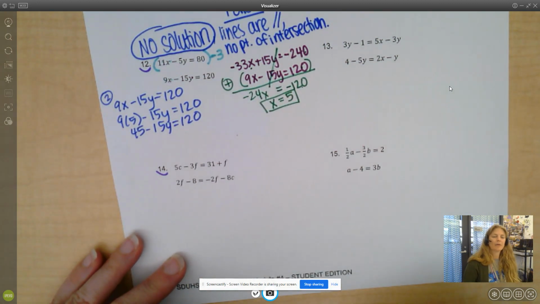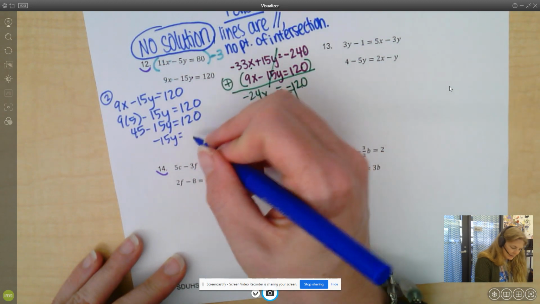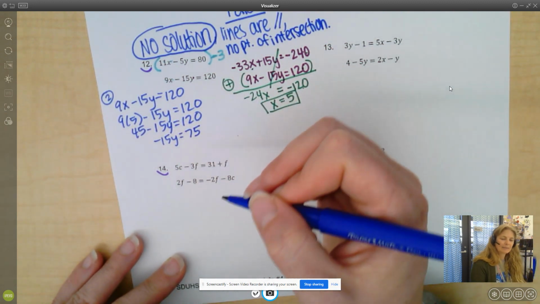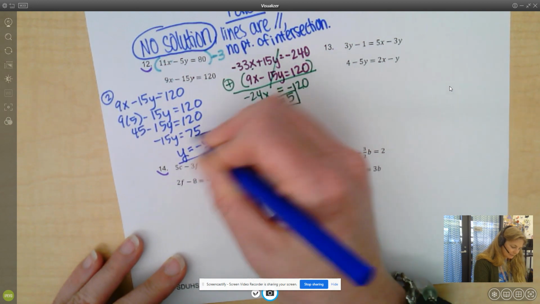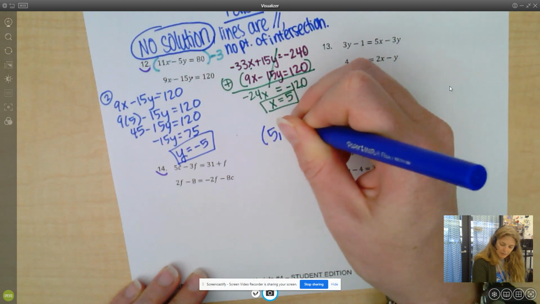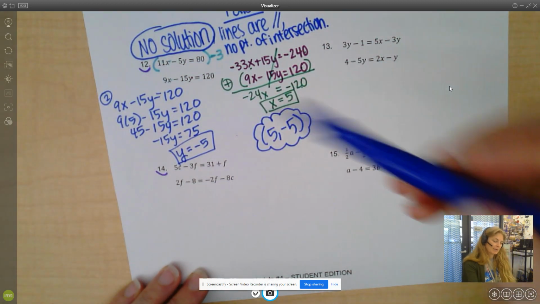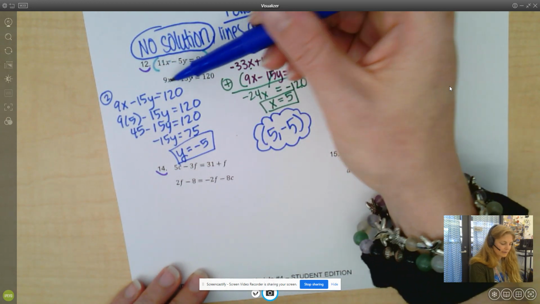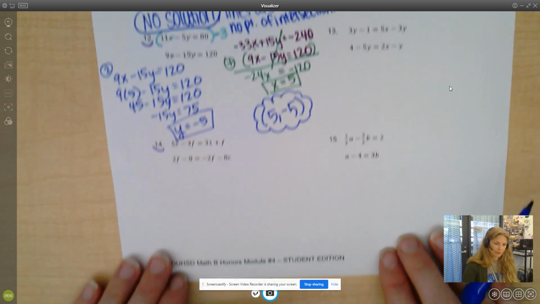Subtract 45 from both sides. -15y is equal to 75. Divide both sides by -15. y is equal to -5. Final step, that's right. Write your answer as an ordered pair. Give it some flair. If it was an assessment, make sure you are substituting back in to make sure you get a true statement for both.